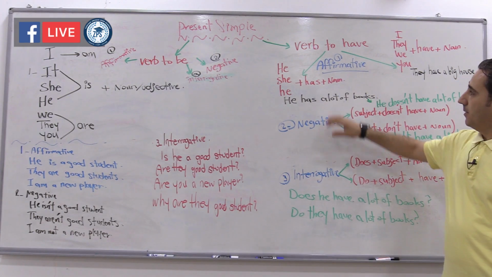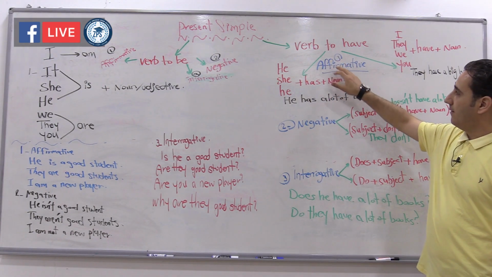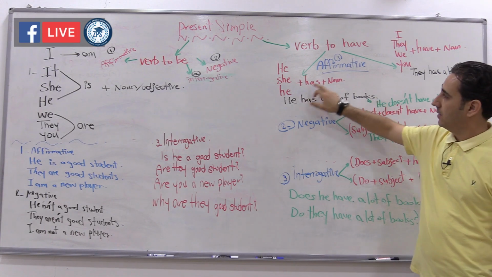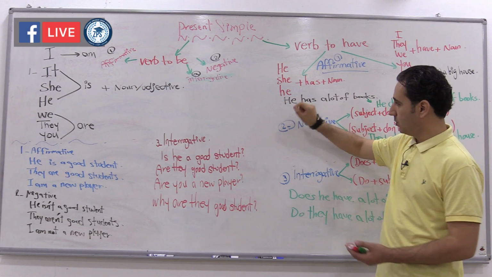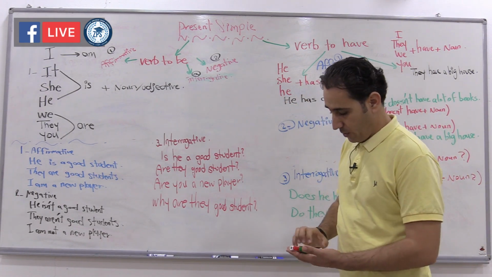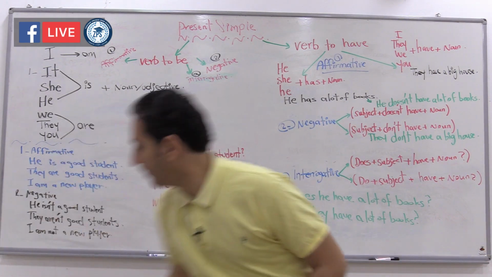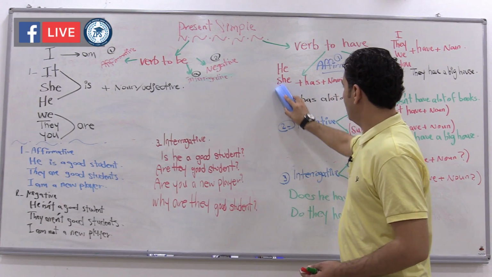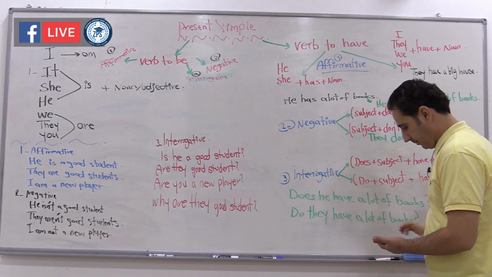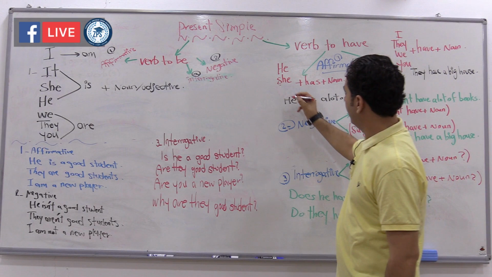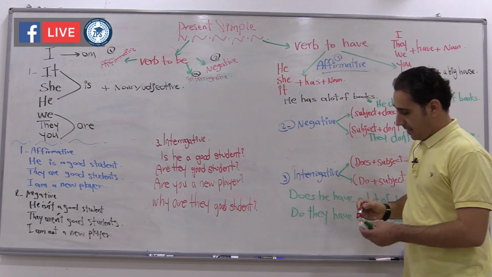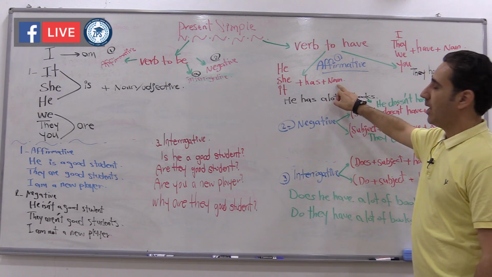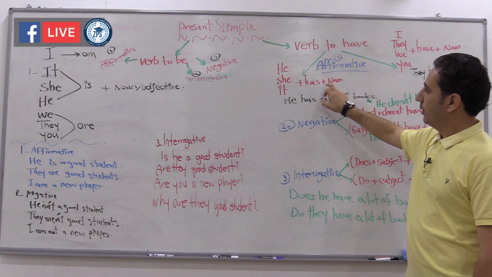So let's look at more examples. First one, present simple with verb to have with affirmative sentence. We can use he and she and it, yes. He, she, it, has, then a noun.